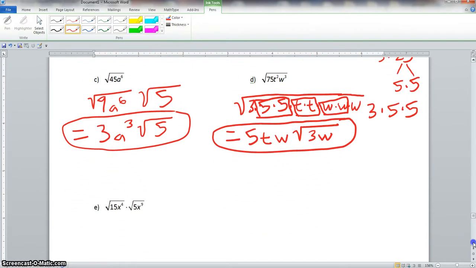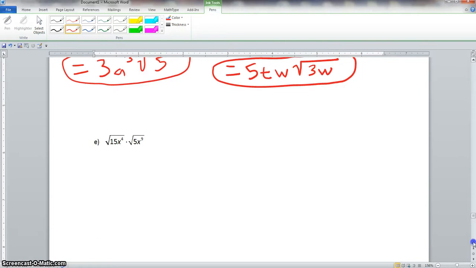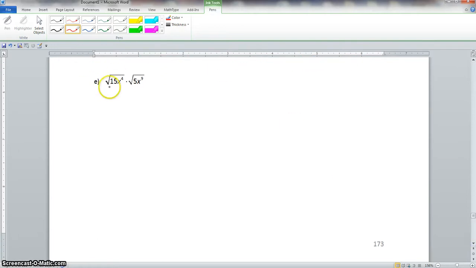Now, we scroll down here to E. Now we can multiply these values. 15 times 5 will give us, what's that, 75, and x to the 4th times x to the 9th to give us x to the 13th.